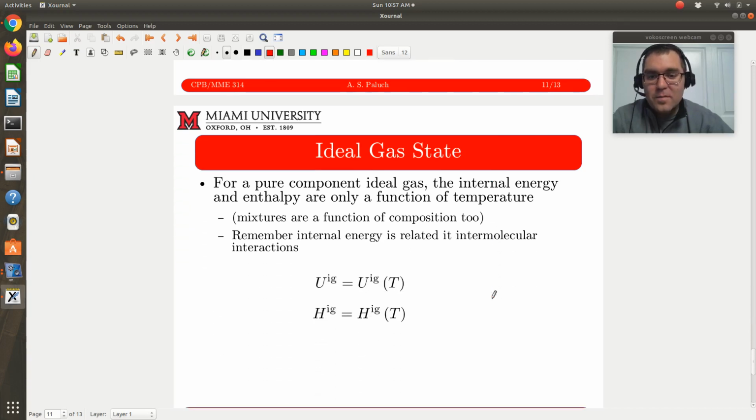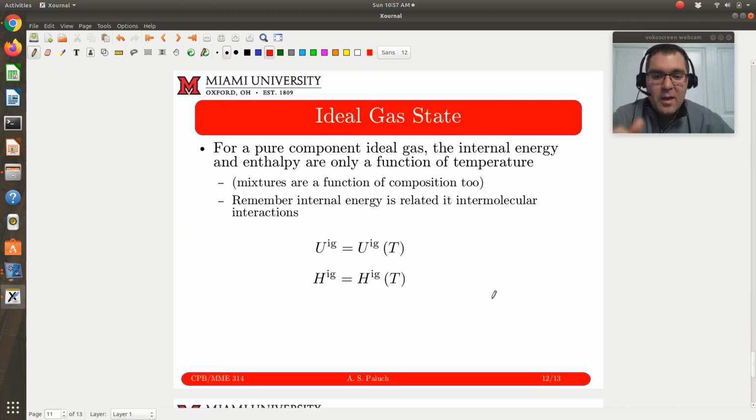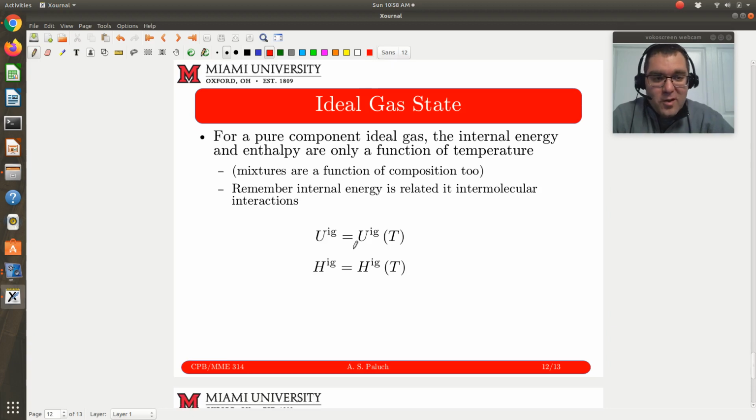Proceed with caution. But as shown in the text, the internal energy and enthalpy of an ideal gas is only a function of temperature. And this should make some intuitive sense. If an ideal gas is a system in which molecules aren't interacting and don't take up space, I could compress it like crazy, and it's not going to affect how those molecules are interacting with each other.